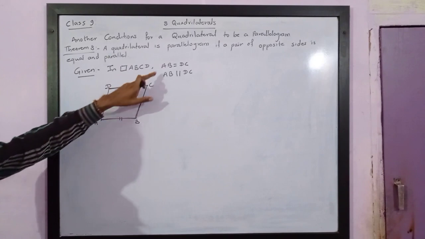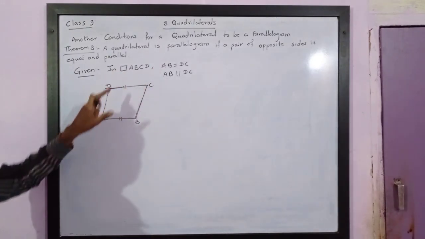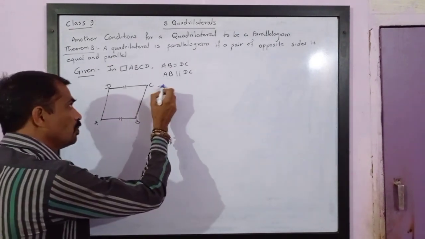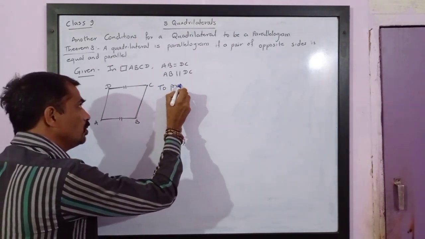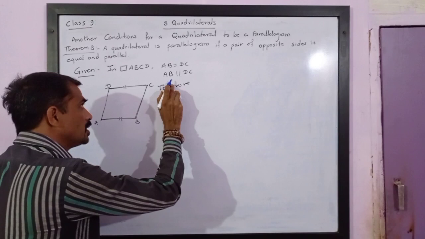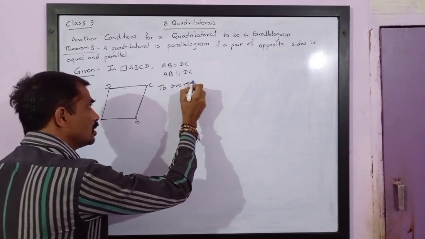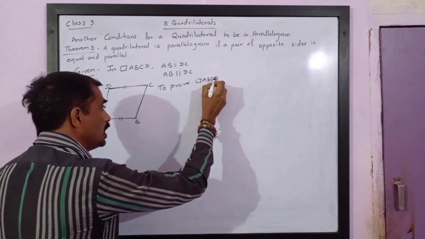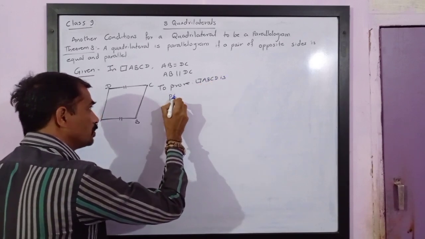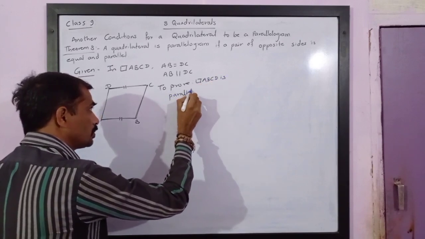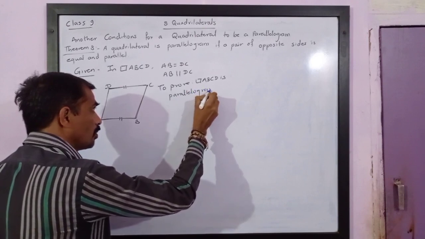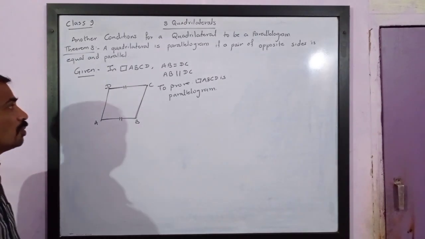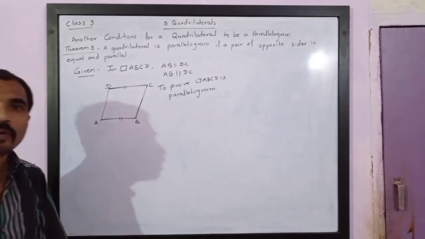And if this is true, then this quadrilateral must be a parallelogram. This is what we need to prove: that quadrilateral ABCD is a parallelogram. To prove this, we have to show that the other pair of sides is also parallel.